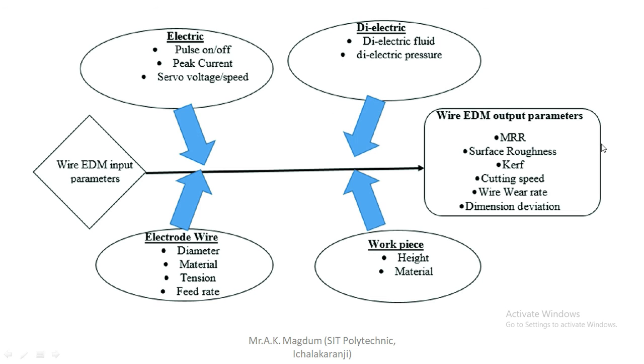And at the end, what are the wire EDM output parameters? First is the MRR, material removal rate, then surface roughness, kerf, cutting speed, wire wear rate, and dimensional deviation. These output parameters we get at the end of machining. So this is about the input and output parameters in the wire EDM process.